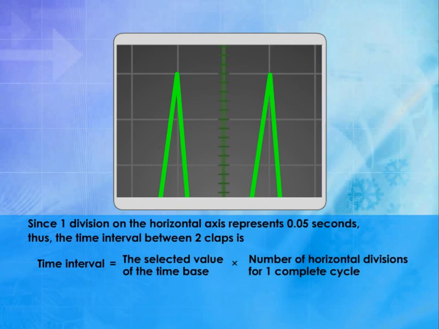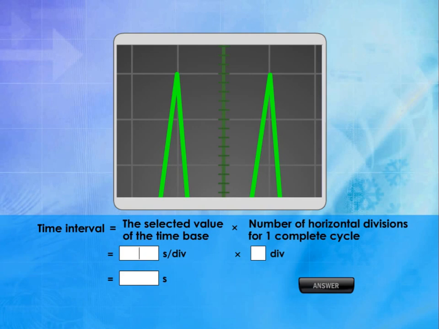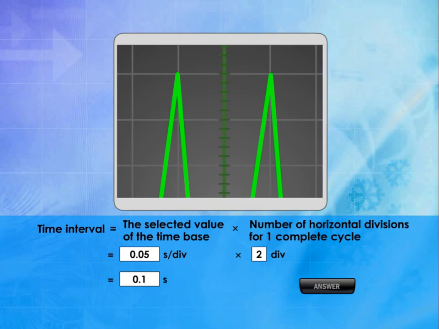Since one division on the horizontal axis represents 0.05 seconds, the time interval between two claps can be calculated by multiplying the selected value of the time base by the number of horizontal divisions for one complete cycle. Thus, the time interval between two claps is 0.1 seconds.